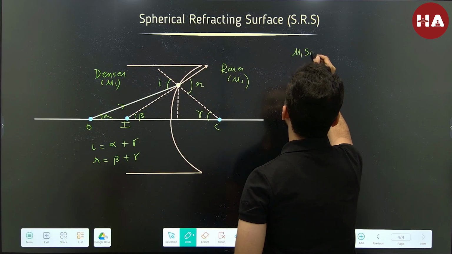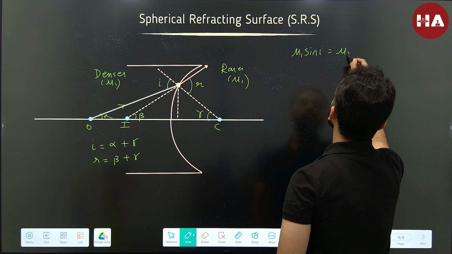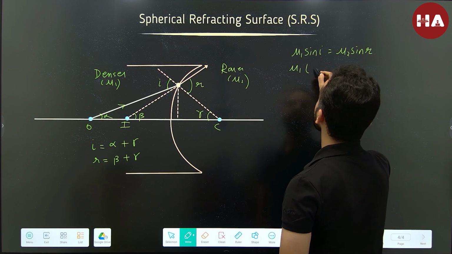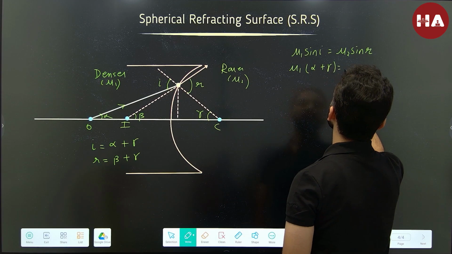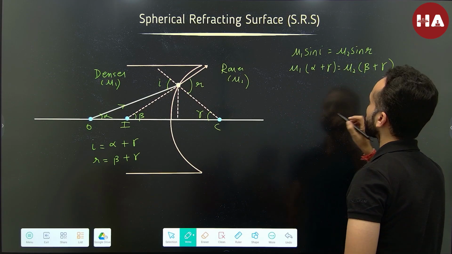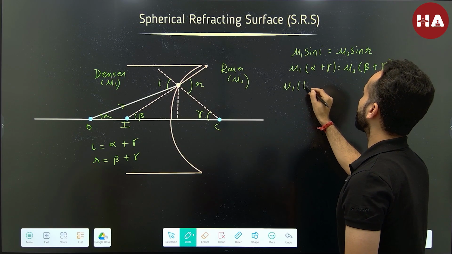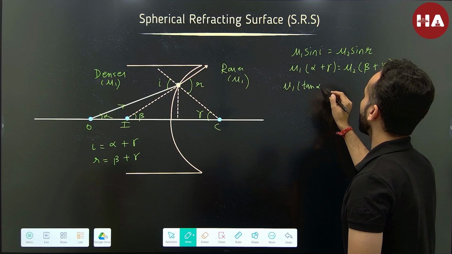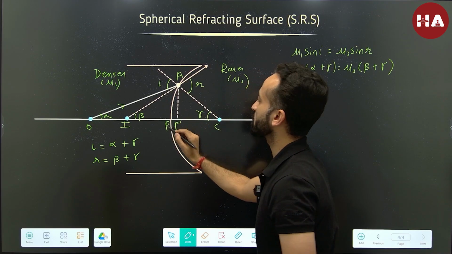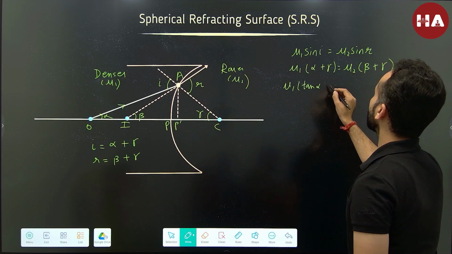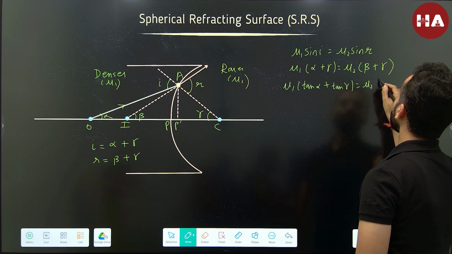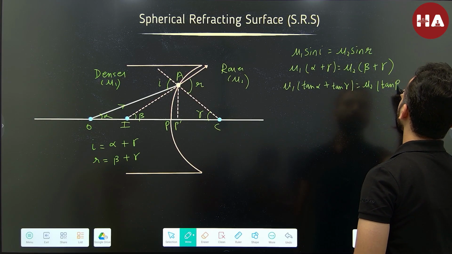All right. So mu1 sine I equals mu2 sine R. In the next step, I am writing sine I as alpha plus gamma and sine R as beta plus gamma. Okay. So, very next step, alpha is replaced by tan alpha, and this point is of course A, needless to say, and this is P dash and P, which we take as the same. So, tan alpha plus tan gamma equals tan beta plus tan gamma.